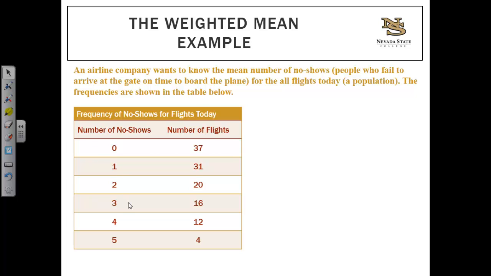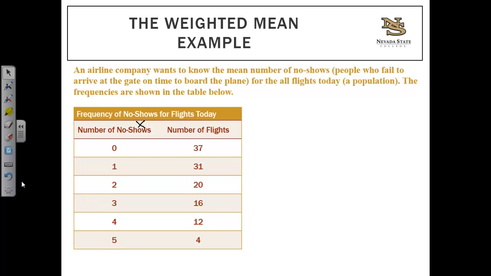Now, if you think about the mean formula, the sum of x divided by n, you can't just simply say, oh, well, number of no-shows, so that's like our x, and we can just add 0 plus 1 plus 2 plus 3 plus 4 plus 5 to get our sum of x. You cannot do that. That's not going to take into account the number of flights with each one of those no-shows. You have to take the frequency of each value into account.